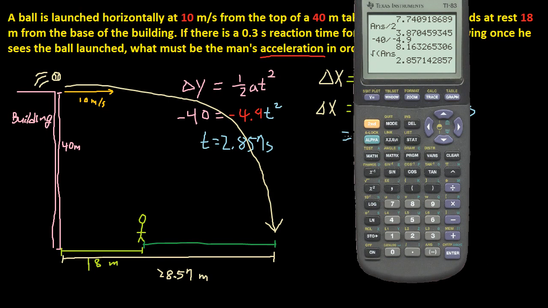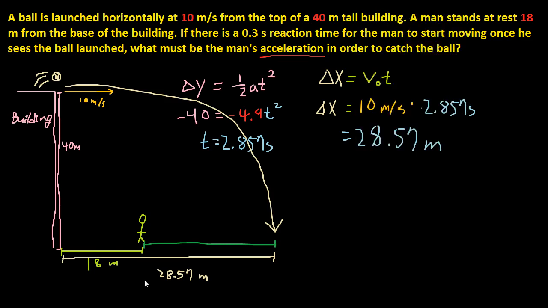I'm gonna multiply that by 10, so 28.57 minus 18. That would be 10.57 meters. I could have just done that in my head, but whatever. So 10.57 meters.